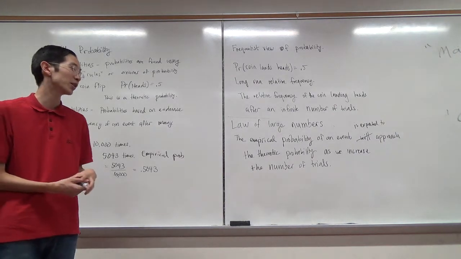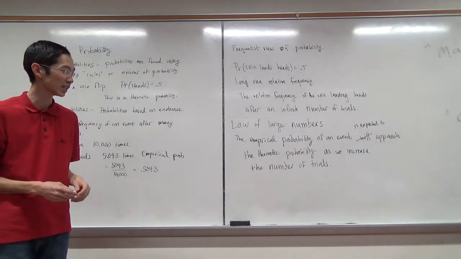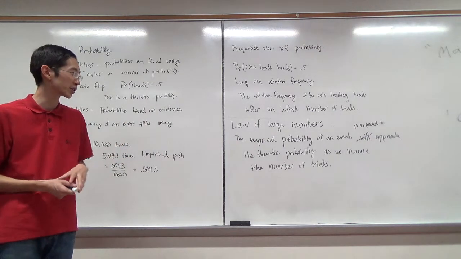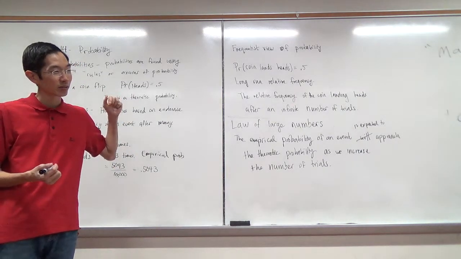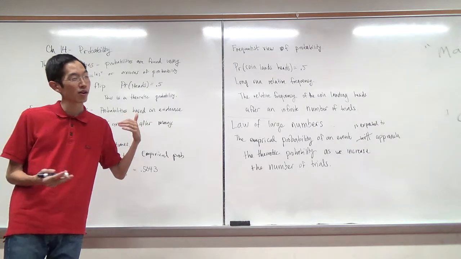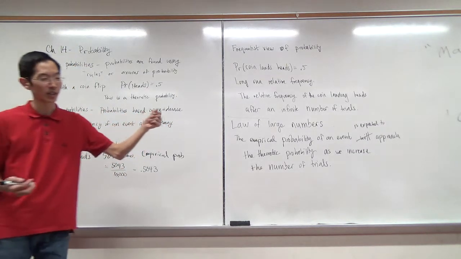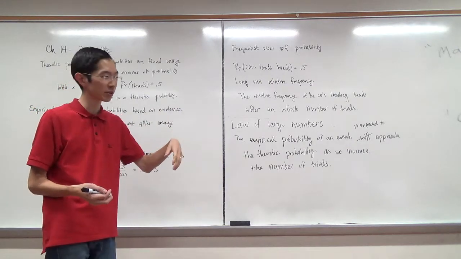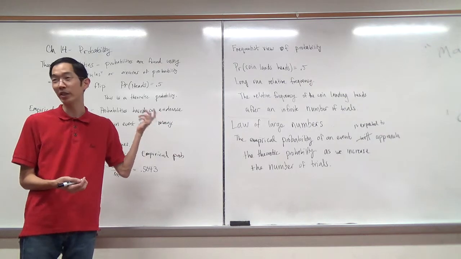So therefore, my empirical probability of heads is a little different. So it's not any closer. But overall, we would expect that after 1,000 coin flips, the empirical probability to be closer to the theoretic probability than after only 100 coin flips.